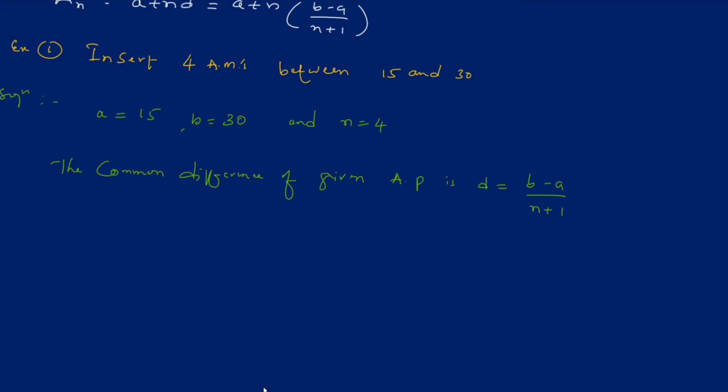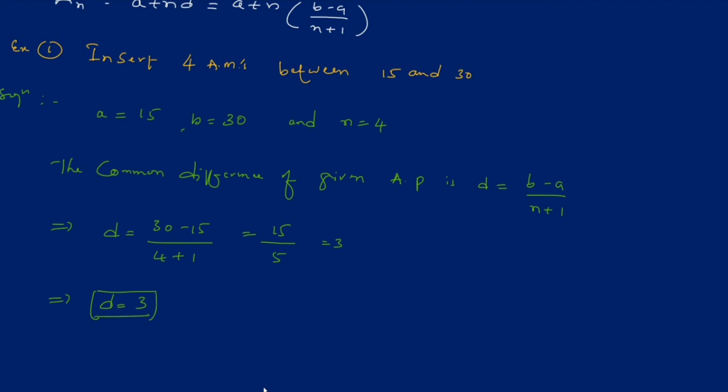So the value of d equals, b is 30, a is 15, upon n plus 1, n is 4 plus 1, which equals 15 by 5, which equals 3. Therefore the common difference here is 3 only, right?